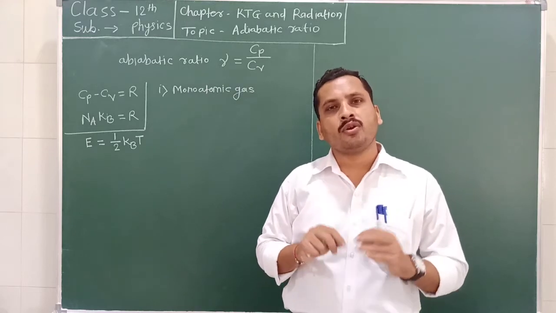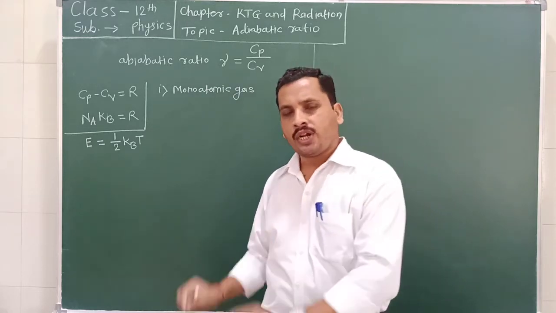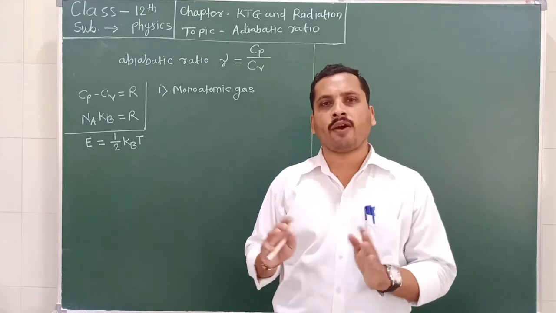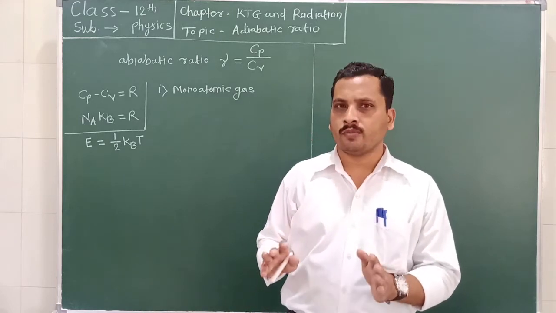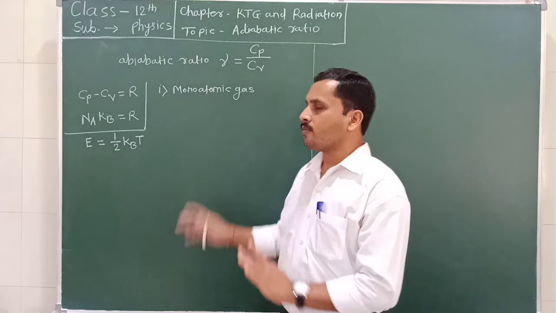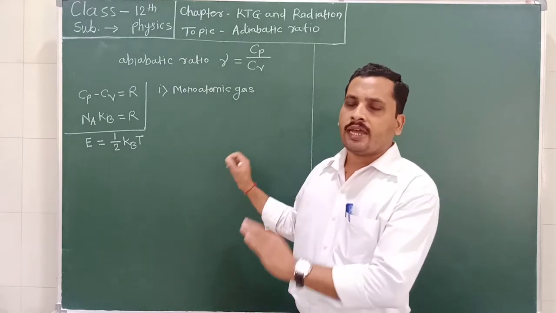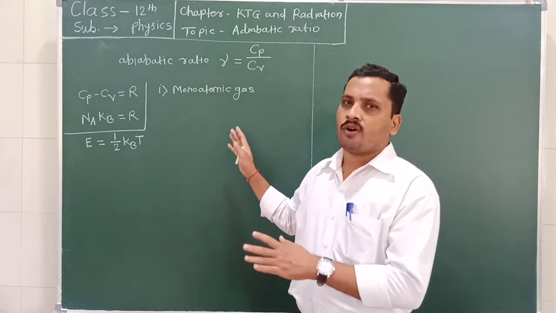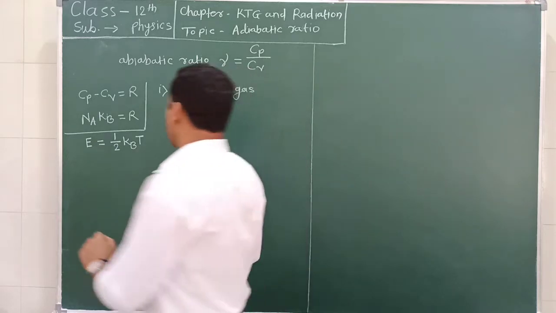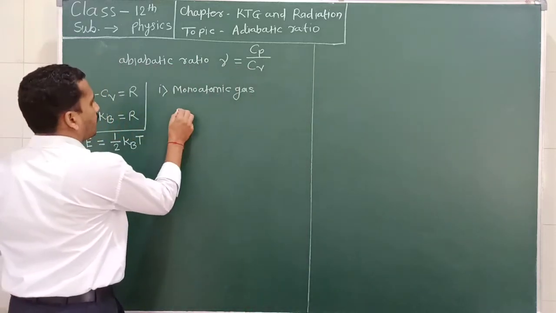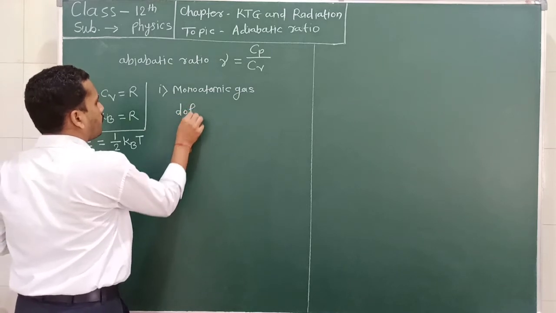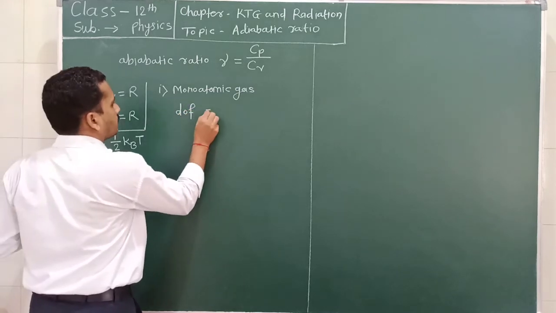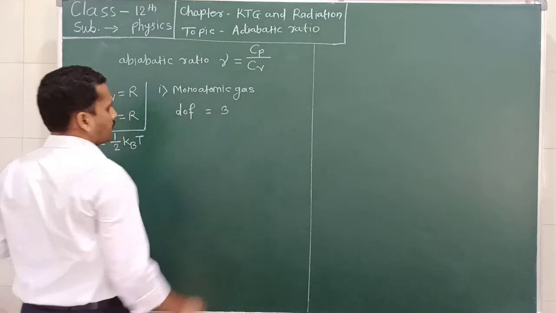But there are no rotational degrees of freedom and no vibrational degrees of freedom. So it has only three translational degrees of freedom. The degrees of freedom for the monoatomic gas is equal to 3.